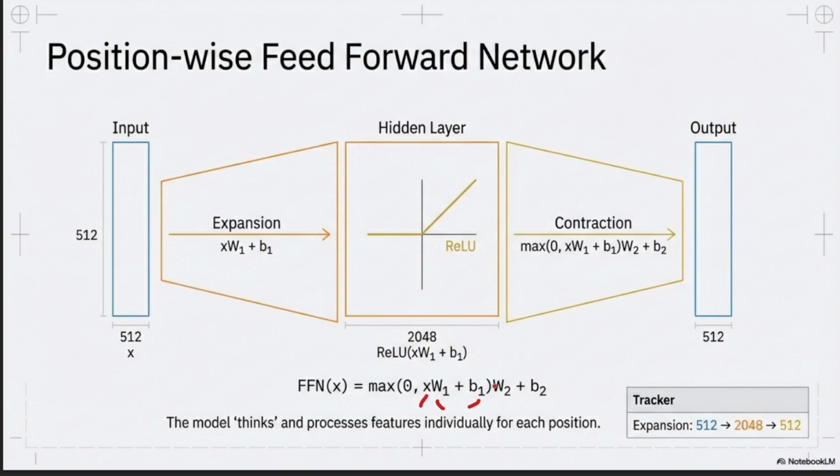This is the input multiplied by the weights plus the bias, and then the second weights and bias. We project our vector size up from 512 to 2048, apply the ReLU, so we turn the negative values to 0, and project it back down to 512. This allows the model to learn complex nonlinear relationships.